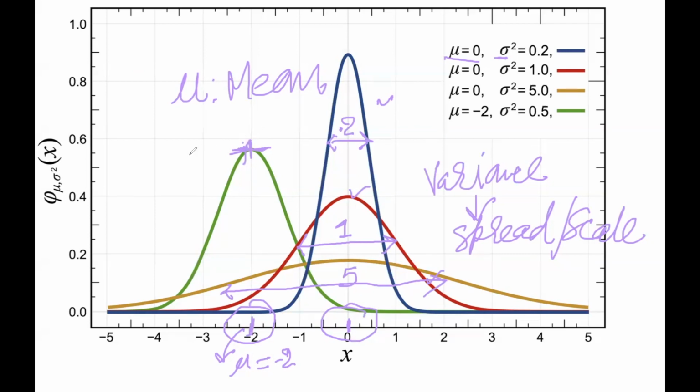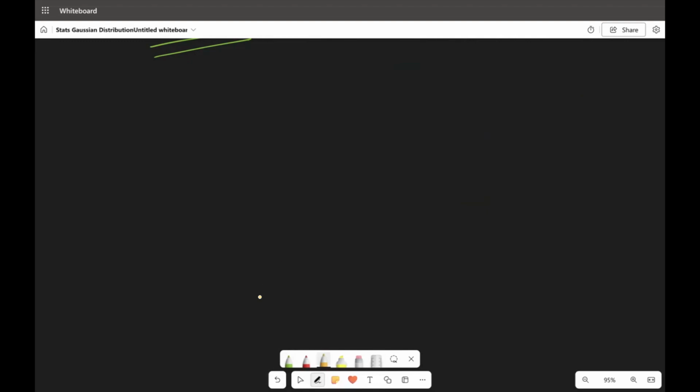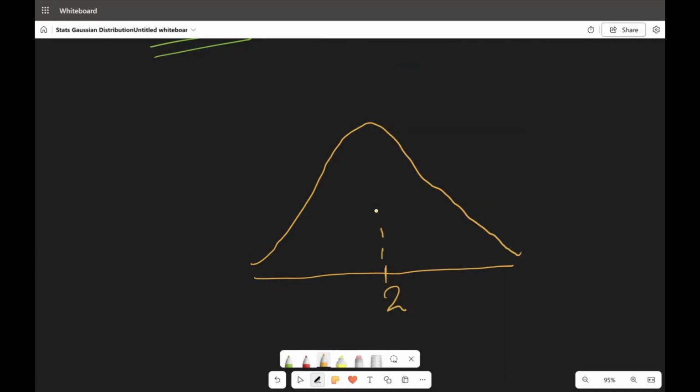So mu is the most often found value in the PDF. The height represents how often we find these points. So in a Gaussian distribution, the peak of the hill in your PDF is at mu. Fine. Let me plot a Gaussian distribution with mu equal to 2.